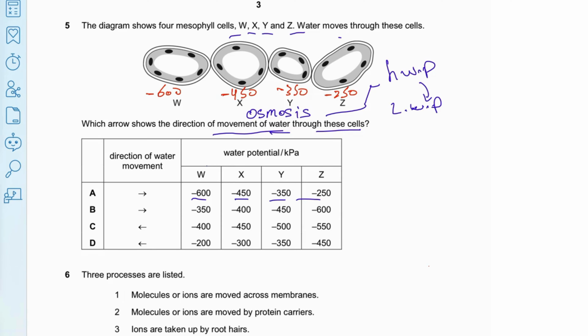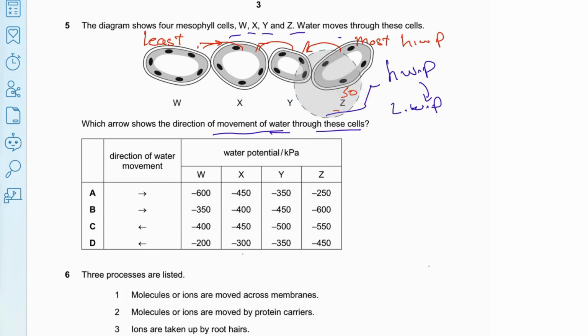It's W. So this is the least water potential, then X, then Y, then Z. This is the most water potential, the high water potential, right? So the water movement will be from Z to Y, from Y to X, from X to W. So go for the first option, A. The direction of movement is different, so A does not count.